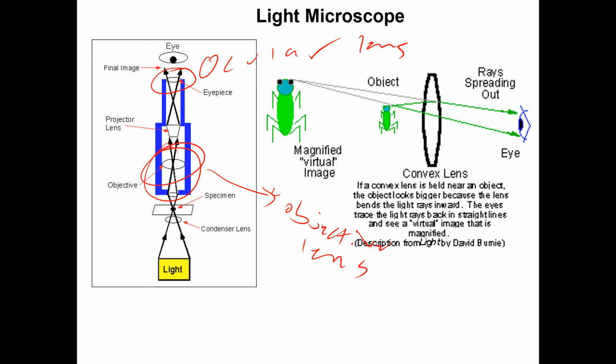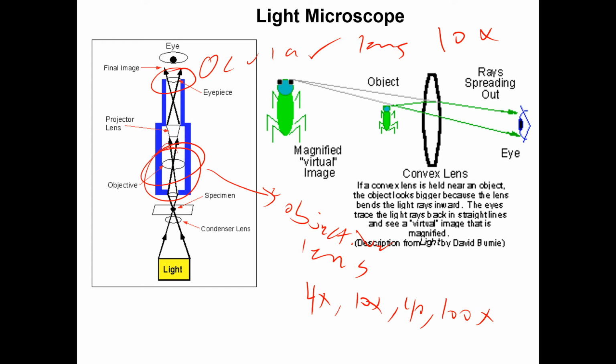On most microscopes, your ocular lenses have a magnification power of 10x, and your objective lenses are going to vary. They'll go from 4x to 10x to 40x up to 100x, and that's the limit on your light microscope: up to a 100x objective.